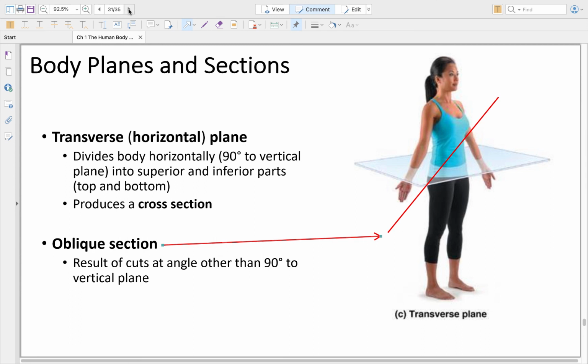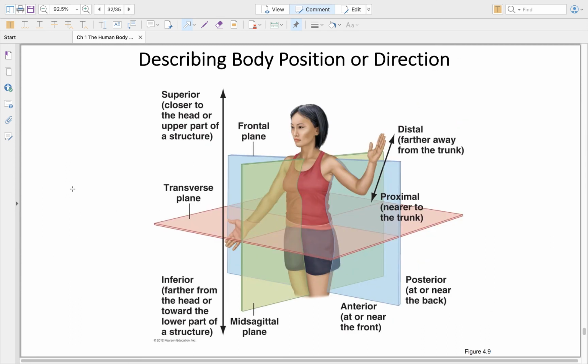Okay, great. So here's a great picture for you to see all of it together. The frontal plane, the mid-sagittal plane, the transverse plane, and then of course we have some extra information in here like superior, inferior, anterior, posterior, distal, proximal.